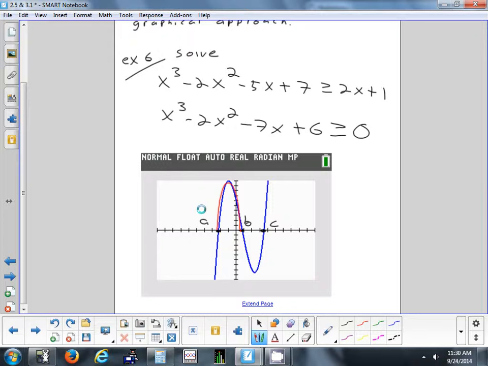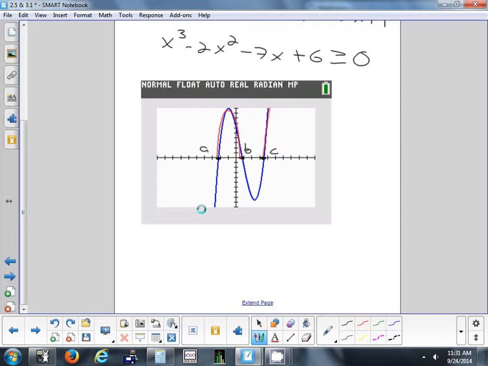In that section between A and B, and from C on, I'm above 0. So the answer, just using A, B, and C for the roots, between A and B, just find out what those are, union from C to infinity.